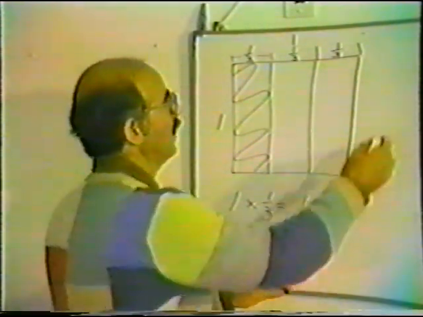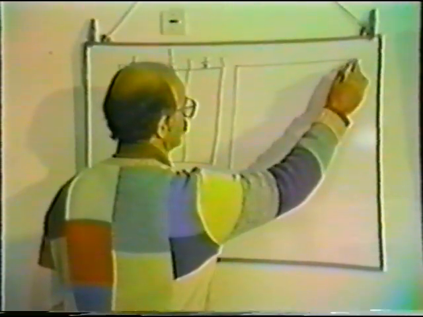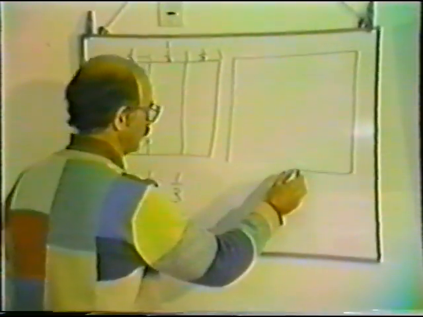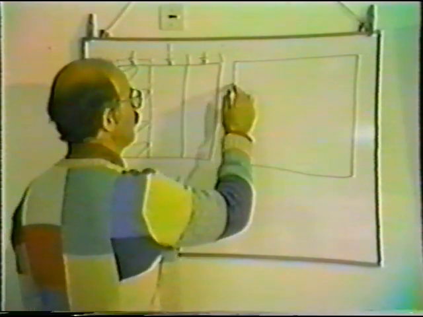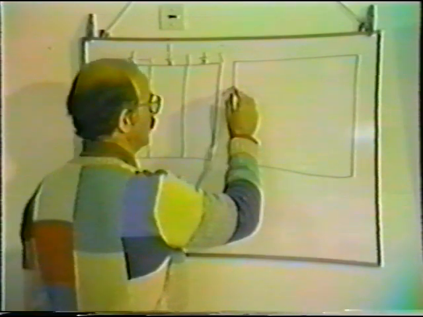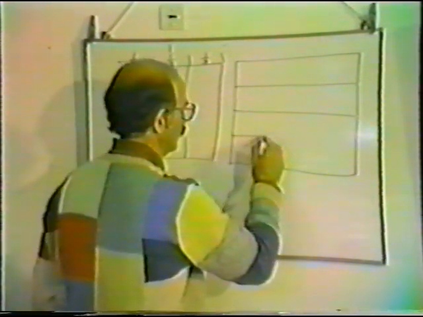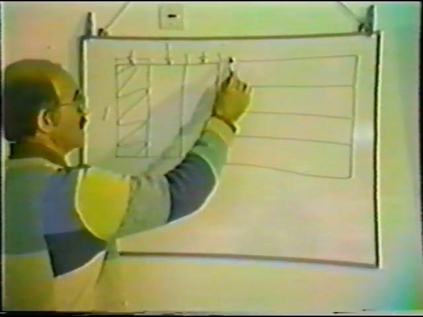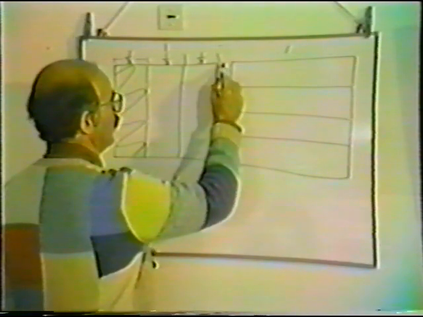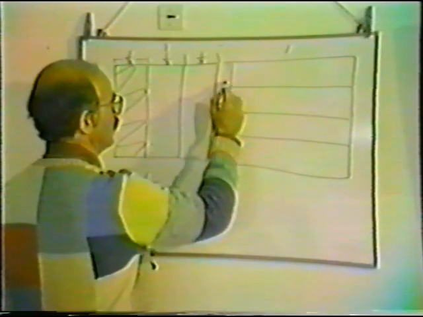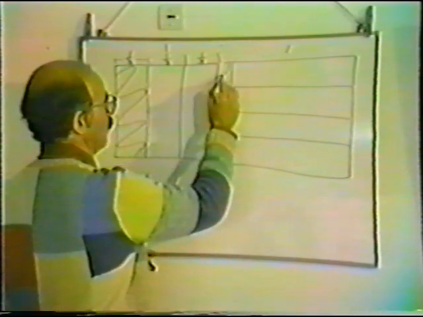Now we have another square pizza. This time we're going to divide it in 4 pieces. How long is this distance across the top? 1. And how long is each of these little distances down the side? 1/4.